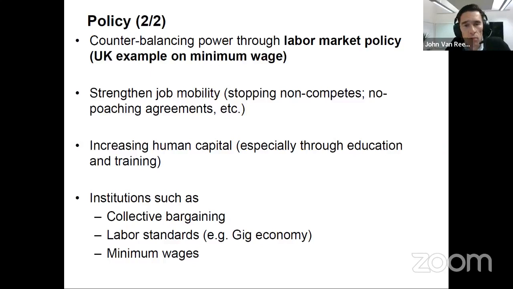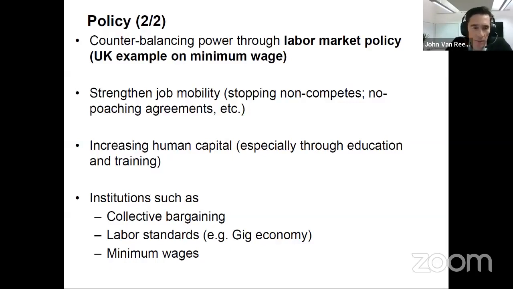For example, there's a surprisingly large number of firms which have non-compete clauses, so that if you leave one firm, you can't go to work for another firm in the same industry, and that even happens in many low-skilled industries. So I think there's quite a strong argument for banning those non-competes and enforcing bans on no-poaching agreements. All these things can help strengthen job mobility.